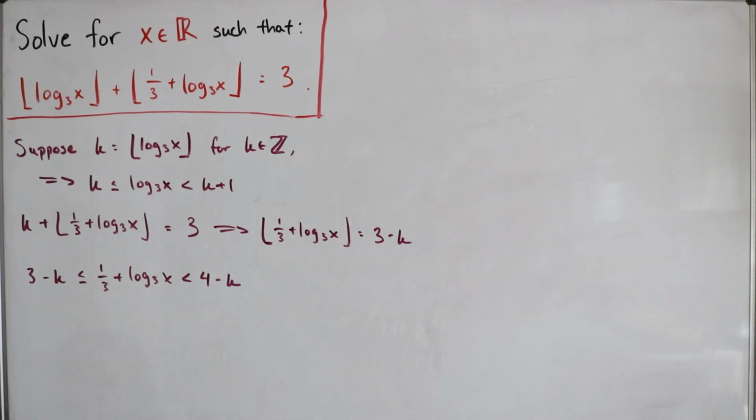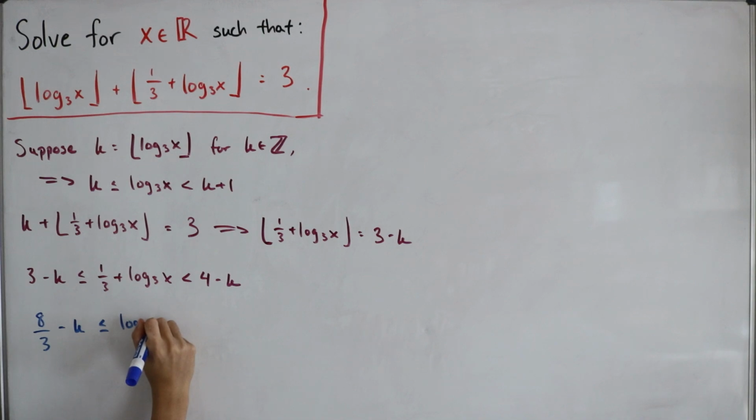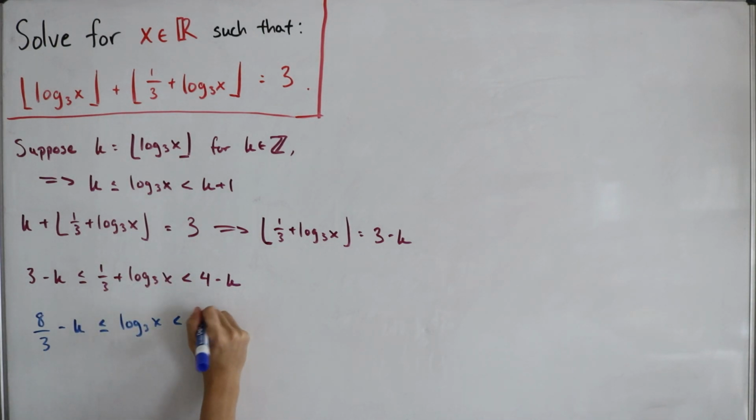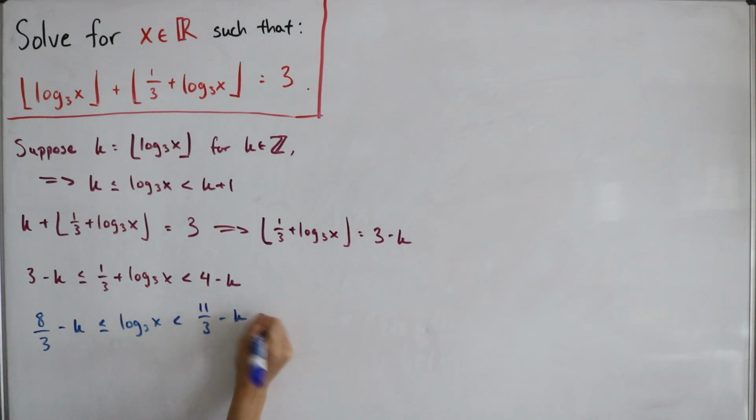On the left-hand side we have 8/3 minus k, which is less than or equal to log base 3 of x, strictly less than 11/3 minus k.